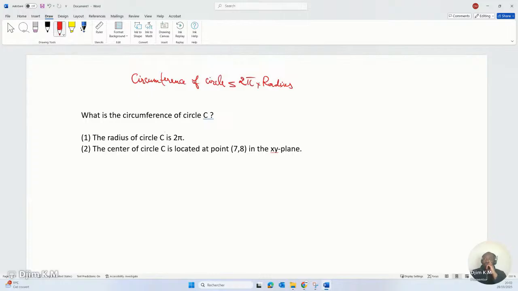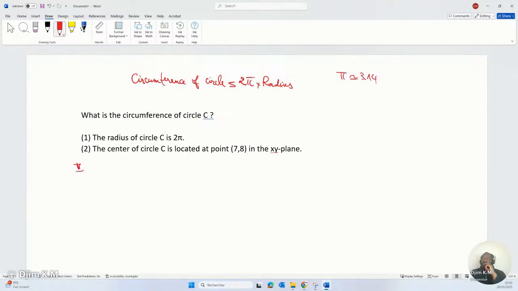Okay, so pi, we know that pi is approximately equal to 3.14. And now here, what is the circumference of the circle?